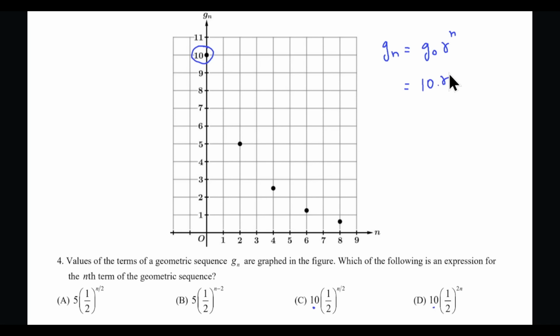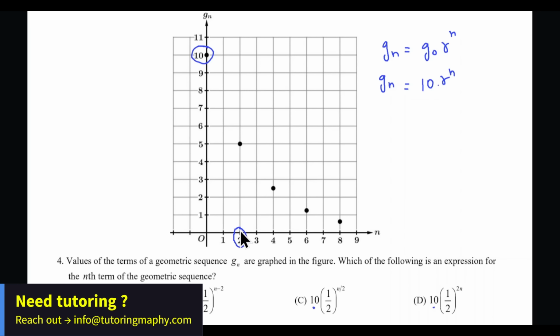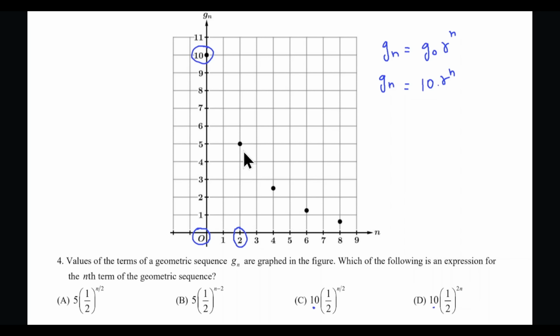Just be careful here: when we find the ratio, this is for the second term and this is for the 0th term, right? So you cannot really just take the ratio of these two and get the common ratio. You have to be a little careful here.